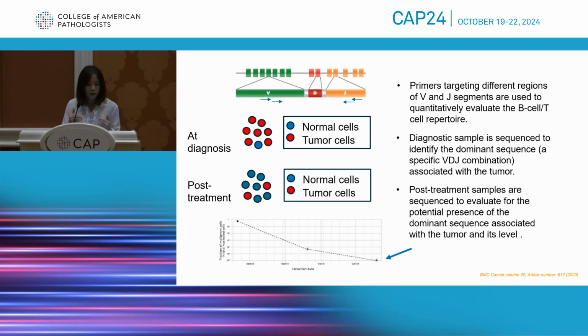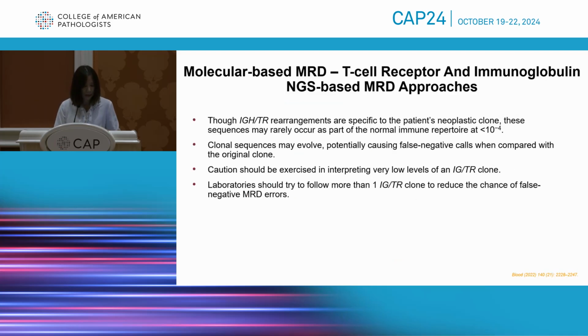And then when the patient is post-treatment, the sample now has very few tumor cells. We are looking for that specific VDJ recombination in that sample. So high throughput sequencing will allow us to find that dominant sequence, whether present, absent, or its level. That's pretty much the principle behind this assay.